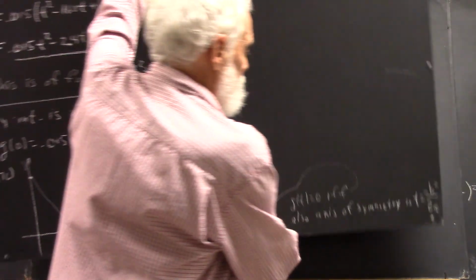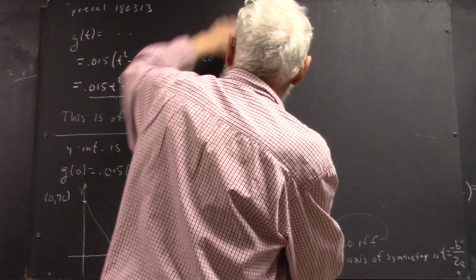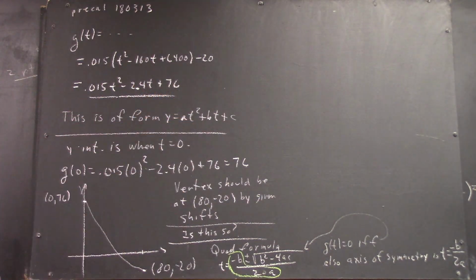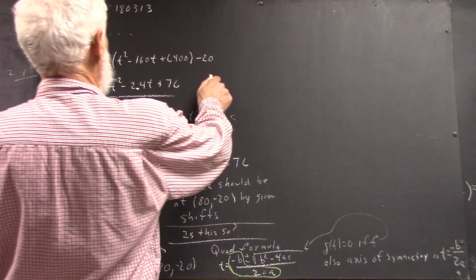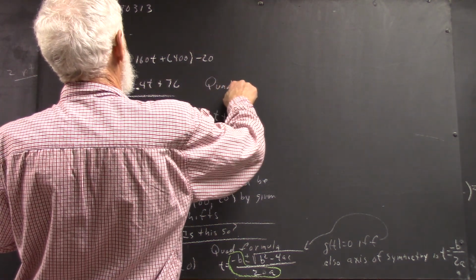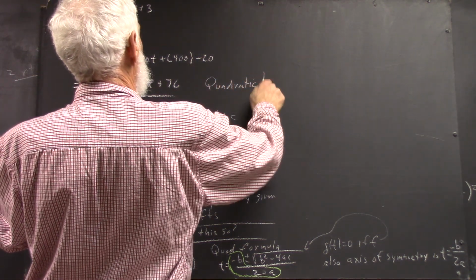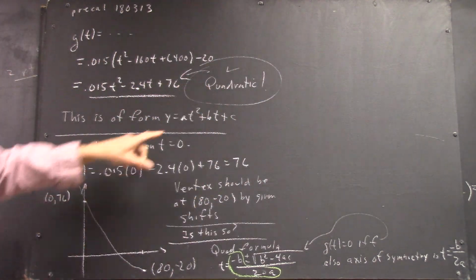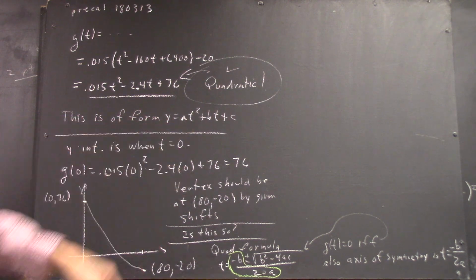So we get this. And that is in the form at squared plus bt plus c, and this is quadratic. Check mark, checked it, it's quadratic of this form, right?